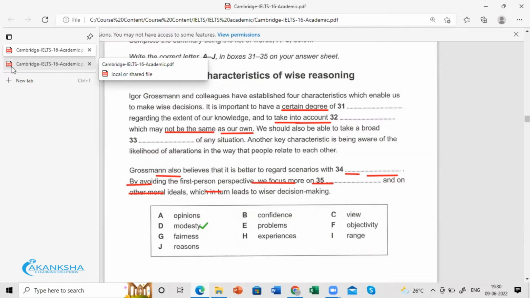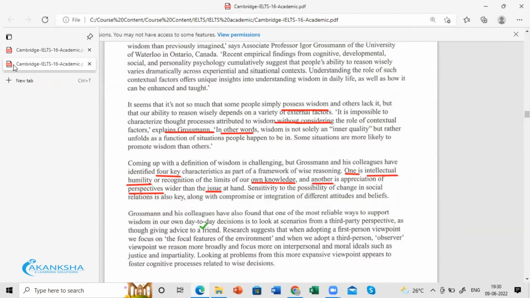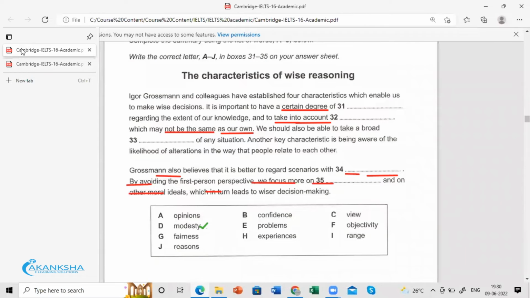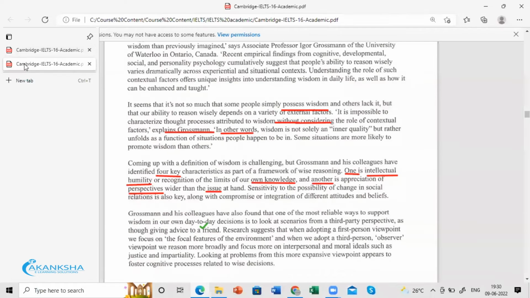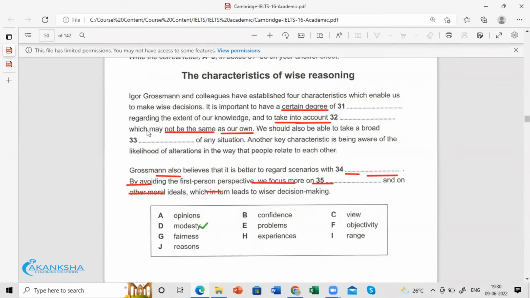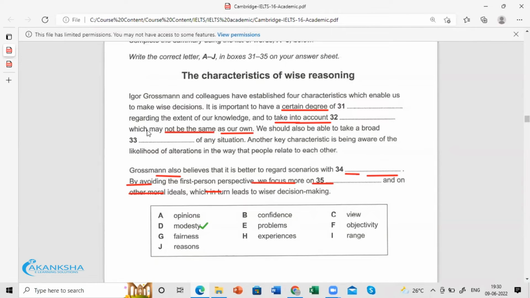So what is the synonym of perspectives that we need here as an answer? Perspectives. In the passage, we say perspectives. Okay, the issue at hand is opinions. Yes, very good.